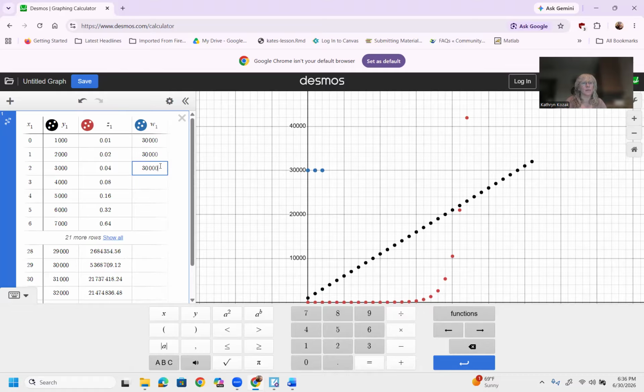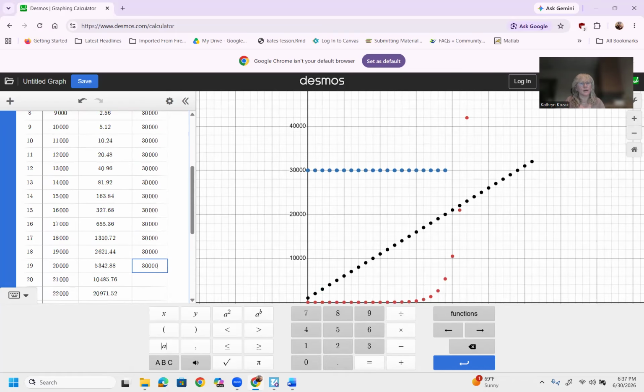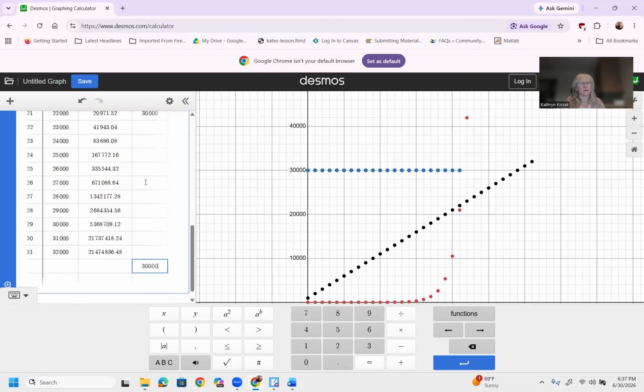I can actually copy that 30,000 and just keep pasting them in so I don't keep typing them wrong. I'm pasting them in all the way down, so I have them all in there.